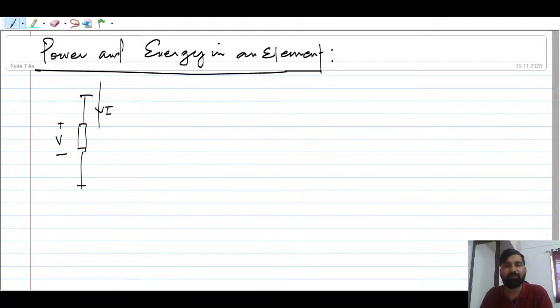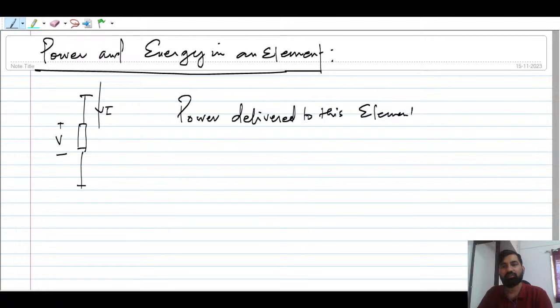So how do we define the power? When current is entering this element, we say that the power delivered to this element is going to be V times I. The product of current and voltage is nothing but power, right?